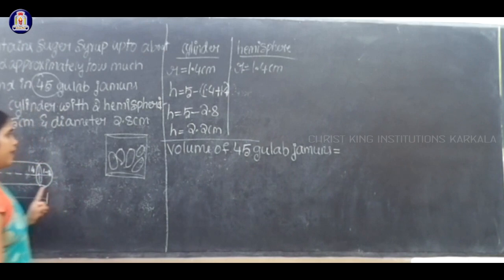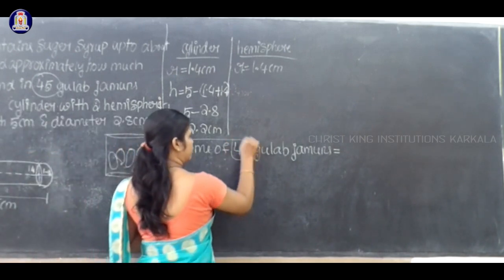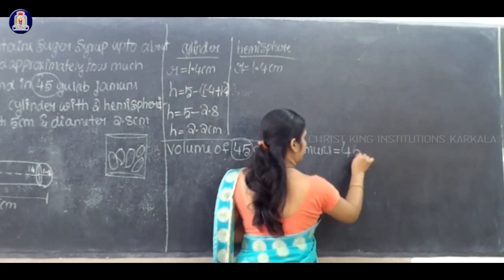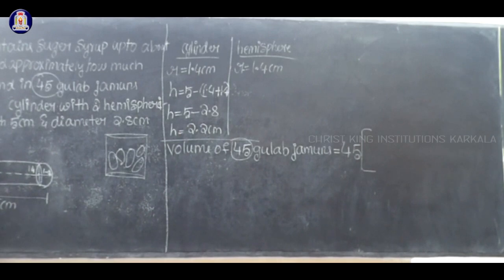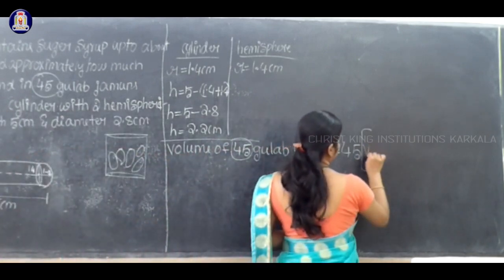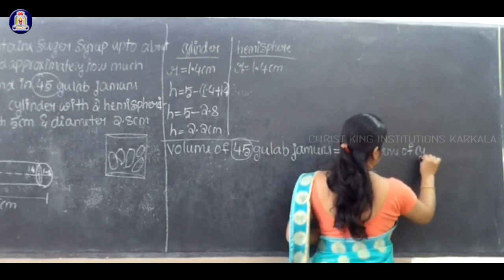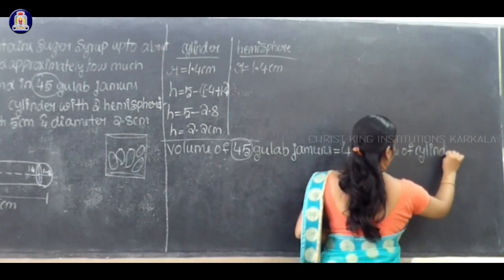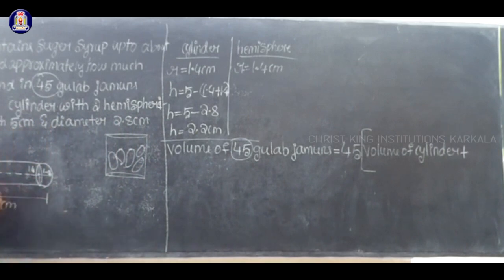Okay, see, actually your gulab jamun will be in which shape? Cylinder with two hemispherical ends, isn't it? Okay, so first I will write 45 into volume of cylinder plus how many hemispheres? 1, 2.